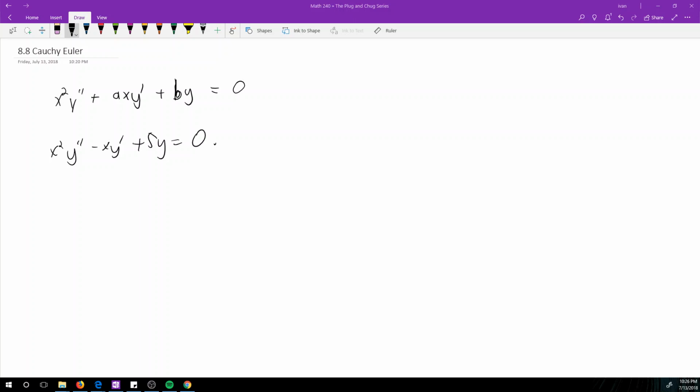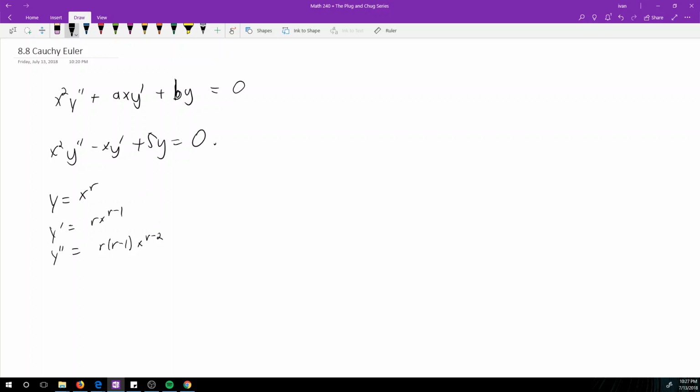Well, you essentially say that y is equal to x to the r. So what happens when you say y is equal to x to the r? Well, y prime becomes r x to the r minus 1, and y double prime becomes r times r minus 1 x to the r minus 2.